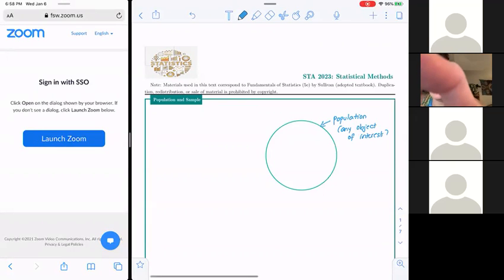So the population is simply any object of interest, and the population would contain a set of individuals.